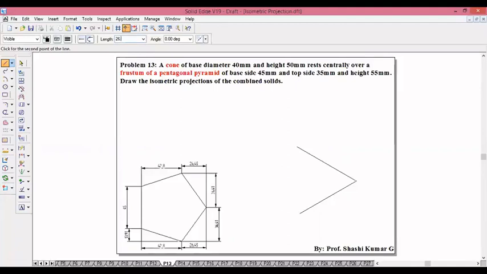Then 26.45 at minus 150 degrees, 42.8 at minus 150 degrees, and this is 13.91 at minus 30 degrees, 45 at minus 30 degrees, 13.91 at minus 30 degrees. Now you take a thick line, 0.5 mm line, search for the endpoints, and join the endpoints.